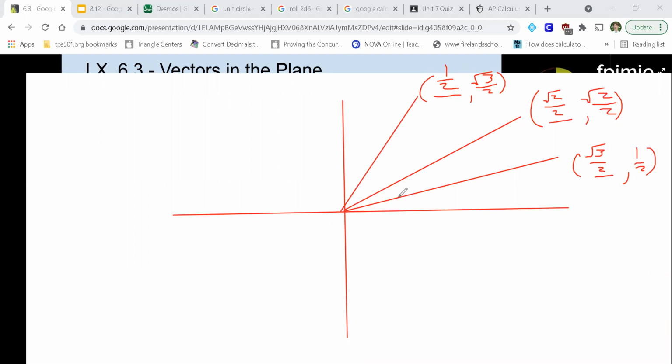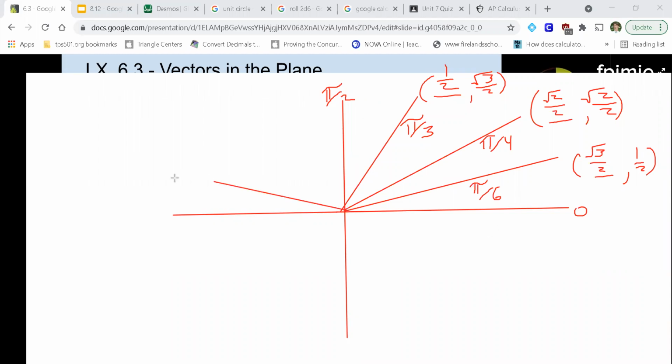Our angles start at pi over 6, pi over 4, pi over 3. But all you need to memorize to get this unit circle memorized is the Y values 1, 2, 3. Then remember the X values pair. You do have to remember these angles. Pi over 6 is the smallest, pi over 4, and then pi over 3. And then from that, you can build the rest of your unit circle.